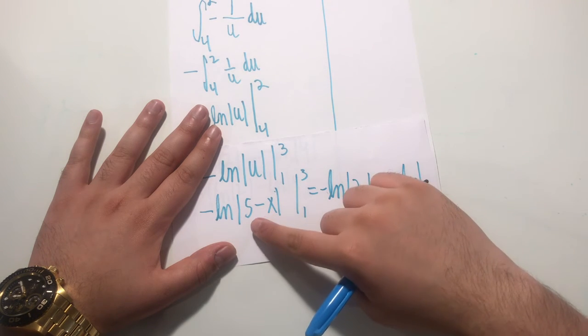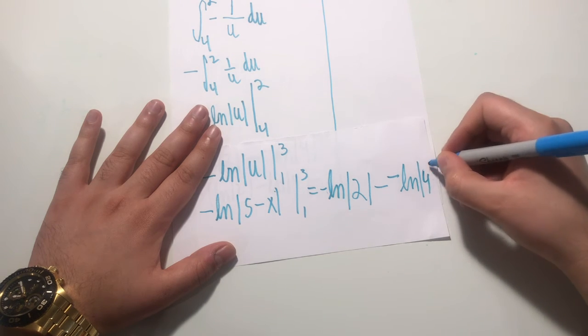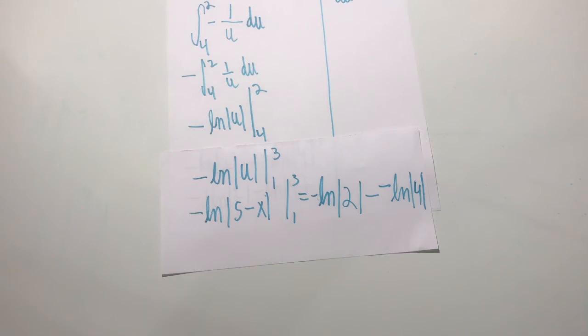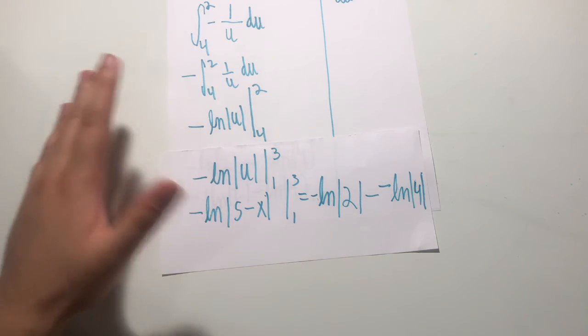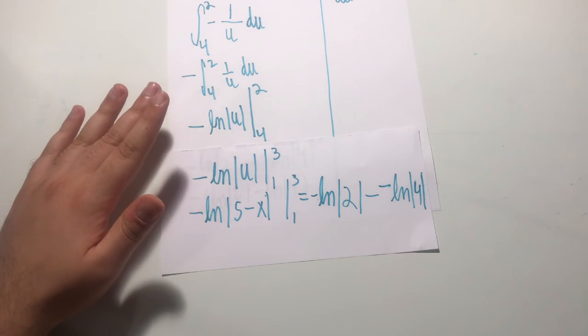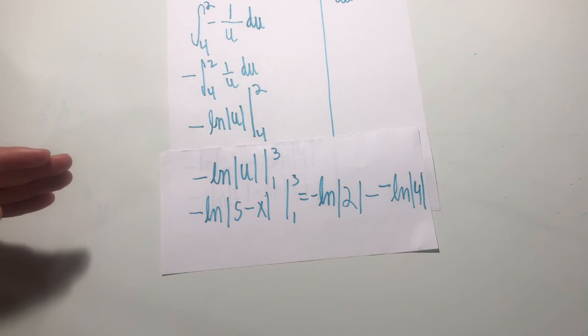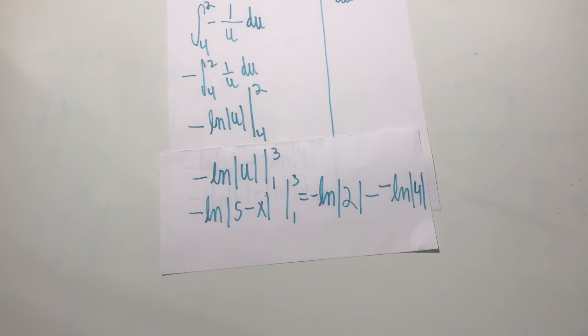What is the absolute value of 5 minus 1? Well, that's absolute value of 4. Right, so we're getting the same numbers. The reason to change the bounds of integration is just kind of as a shortcut, so we don't need to go and back substitute or reverse substitute. However, doing that would get you the same answer. So be very careful about how you're changing anything when doing a definite integral.